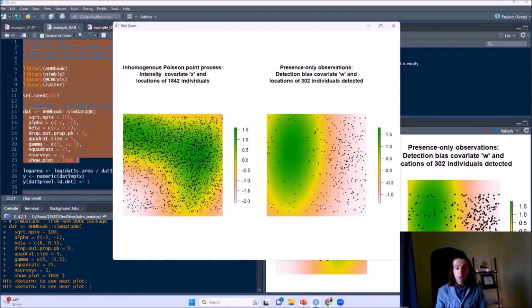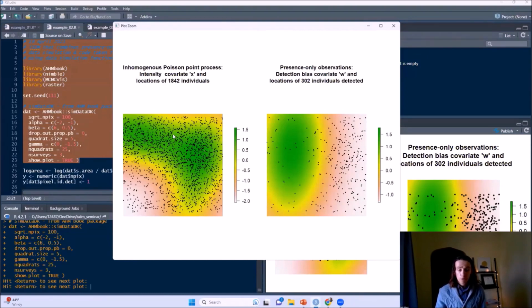So you'll notice with this presence-only data, it seems like there's more presence-only records over here on the right side of the landscape, even though there are a lot of individuals over here on the left side. And so practically speaking, if you're working with something like iNaturalist data, this sort of bias or detection covariate might be something like human population density.